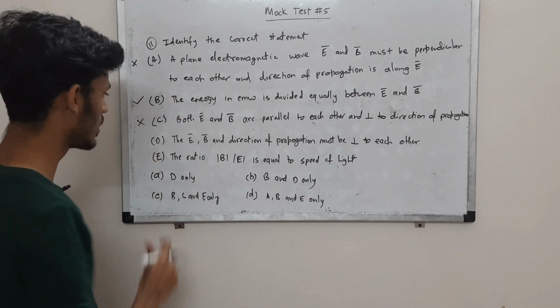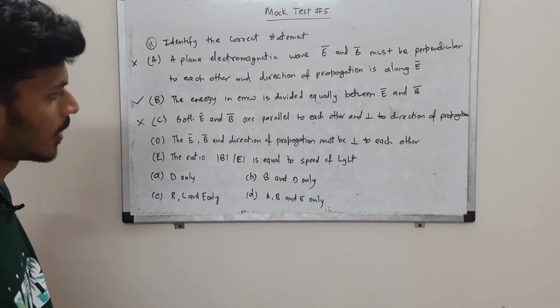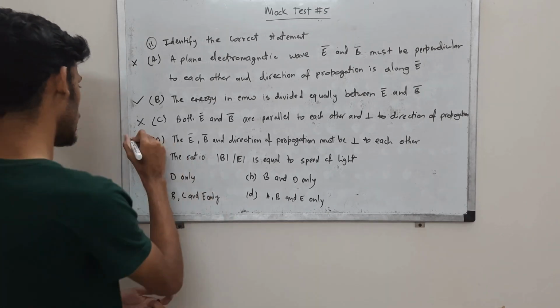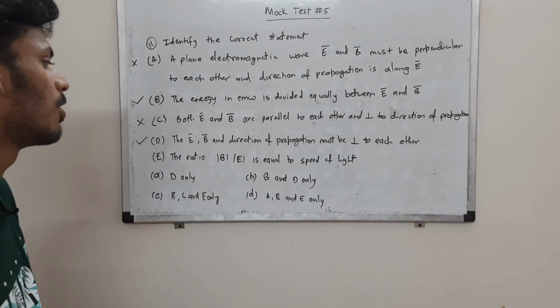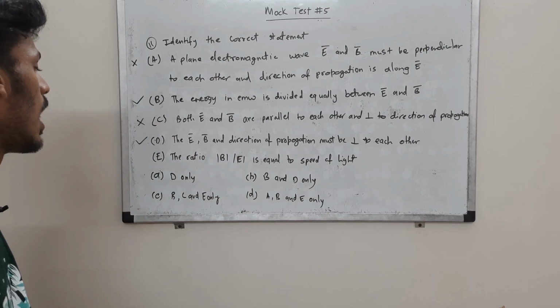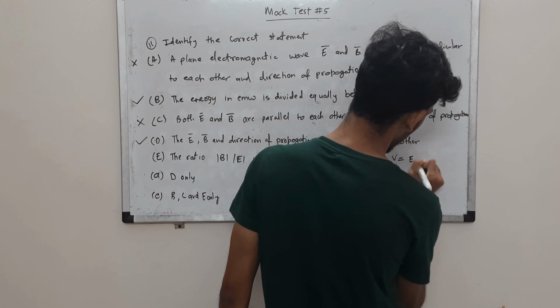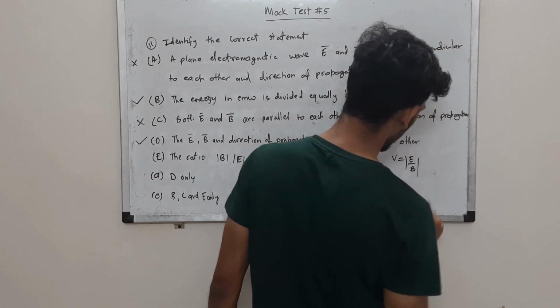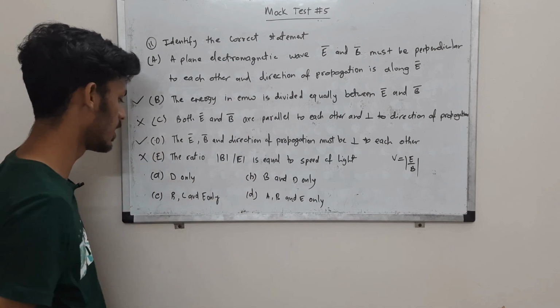Then next, the electric field, the magnetic field and the direction of propagation must be perpendicular to each other. Correct. And the magnitude of B by E is equal to speed of light. Actually it's E by B, right? The velocity is E by B in magnitude. So it's not B by E, it's the other way around, the reciprocal.